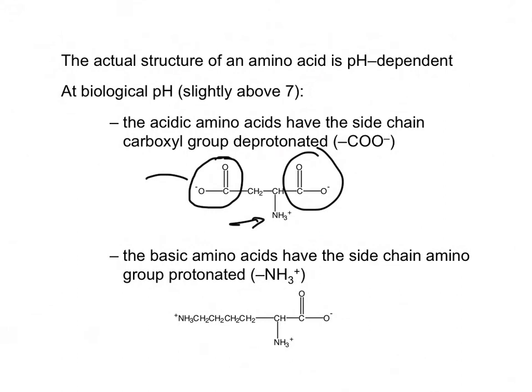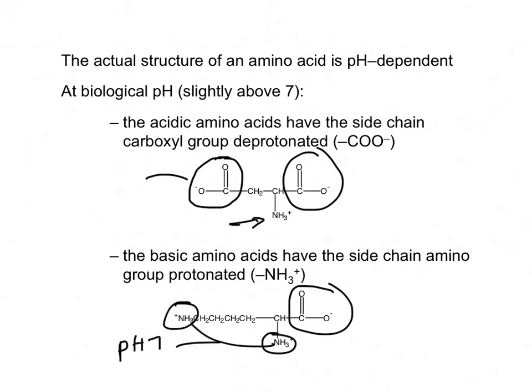If it's a basic amino acid, what we're going to see when we go on in a few slides is, at biological pH, the carboxylic acid's gone. At biological pH, it will always be gone. It's so acidic. But the amines, the basic side chain, I have an amine there and an amine there. At pH 7, they are still protonated. So this thing would have a net positive charge.